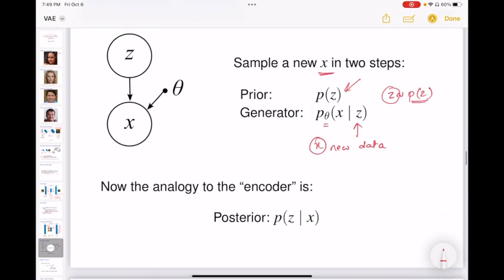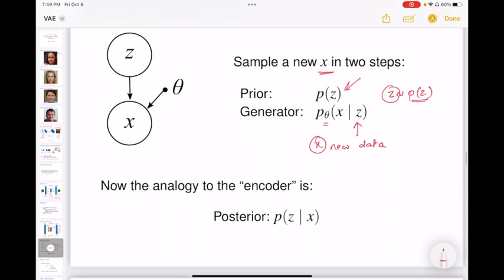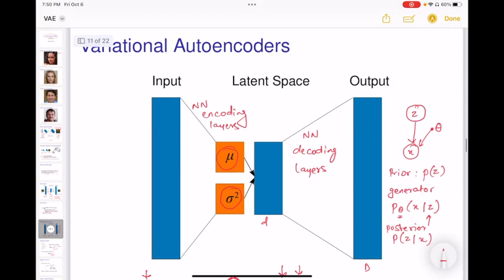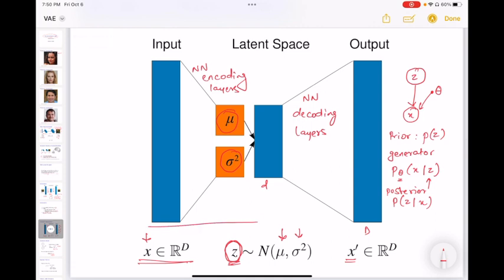Okay, so the analogy of the encoder here is the posterior, which is giving us Z by taking X. The X is the input, and this is the encoding. So if you look at this posterior, this is essentially the probability of getting the encoding given the input, which represents these encoding layers, right?